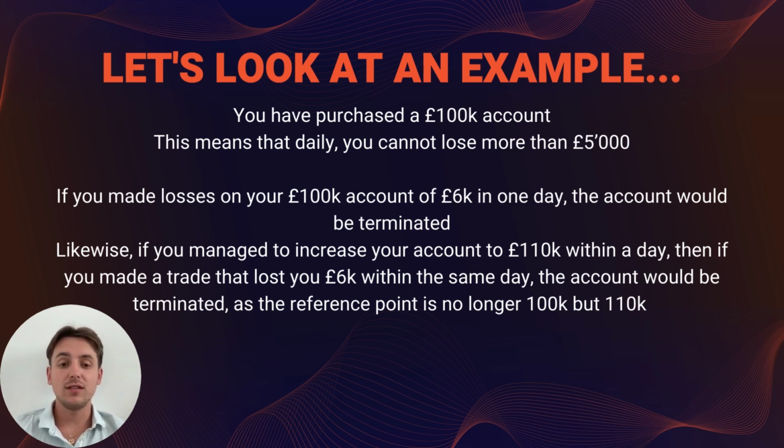If you earned £10,000 on a 100k account before lunch, and then proceeded to make a loss of 7k after lunch, your account will also be terminated, because the 5% rule is being applied to the highest point during that 24-hour period, which is reset at midnight, which in this example means that your 5k would be in reference to the 110k. And therefore, because you've then lost more than 5k in that period, your account will be terminated.